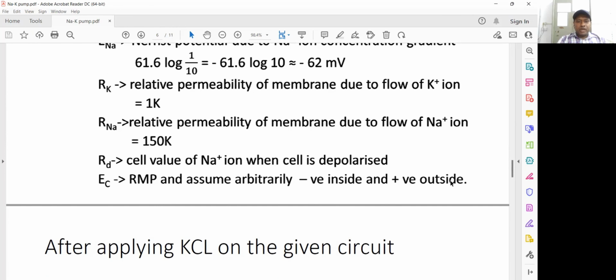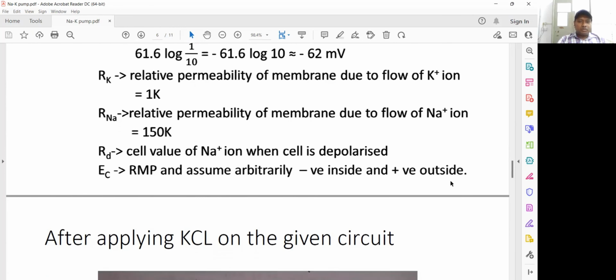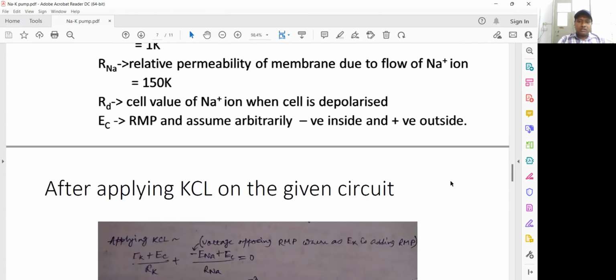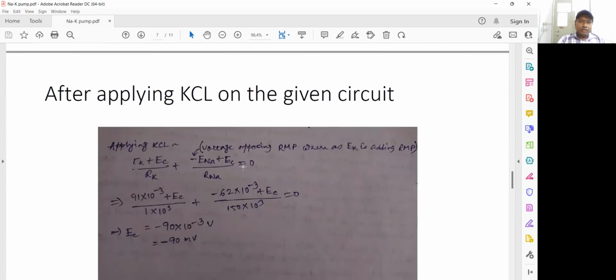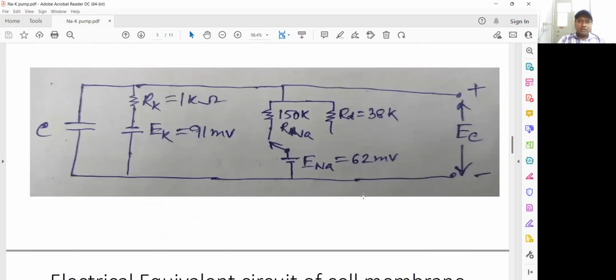Now let us apply KCL, Kirchhoff's current law, on the given circuit. We get EK plus EC divided by RK, right? Let us see the circuit.